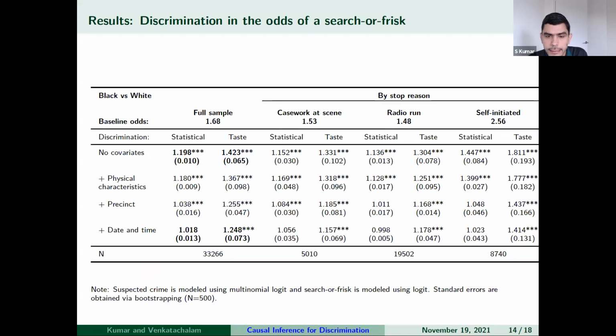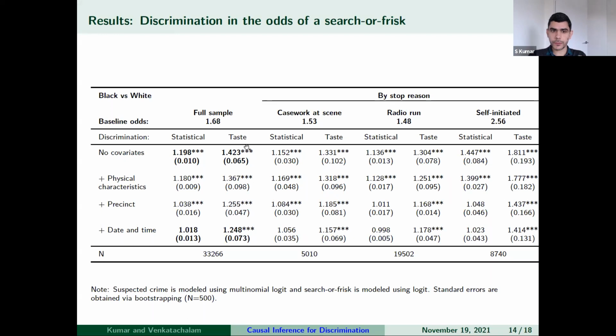So first to specify, our results are in terms of odds ratios: the odds of a search or frisk for the population of those who have been stopped. With no covariates, you have roughly 20% higher odds for a Black person explained as statistical discrimination, and 42% higher odds explained as taste discrimination.